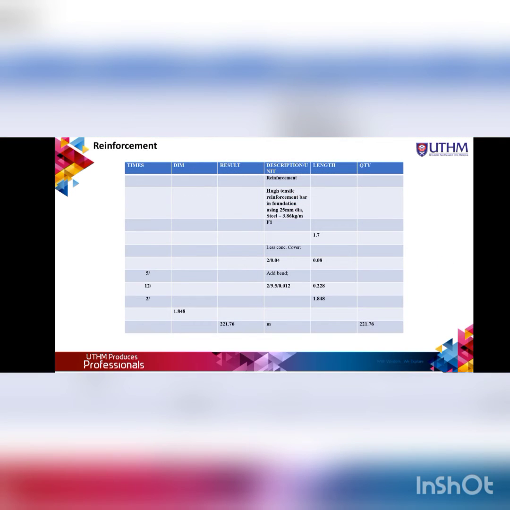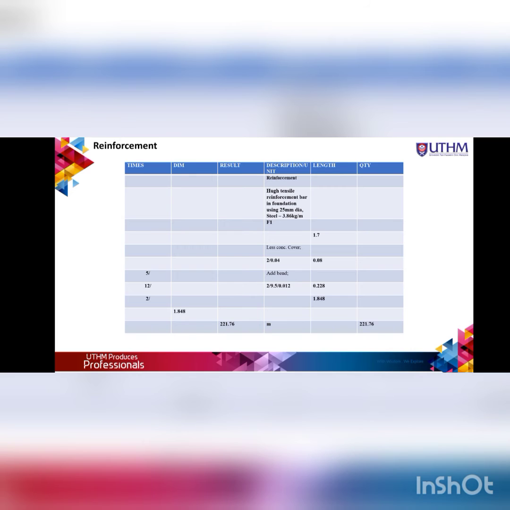So the third taking off is reinforcement. The description for reinforcement is high tensile reinforcement bar in foundation using 20 mm diameter steel, and the steel is 3.86 kilogram per meter. For the first pad footing, with the length of 1.7 and the cover of 2 times 0.04, which equals 0.08, with the add bars times 5, 12 and 2, the dimension is 1.848.